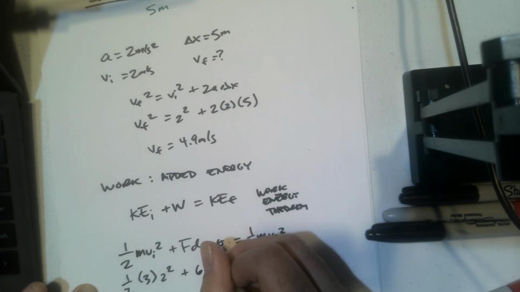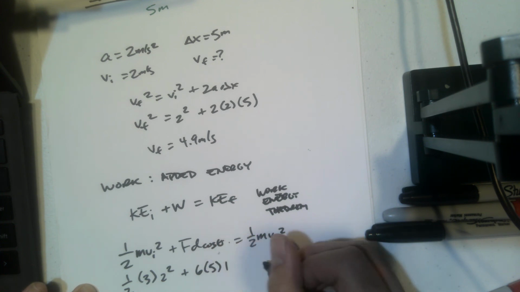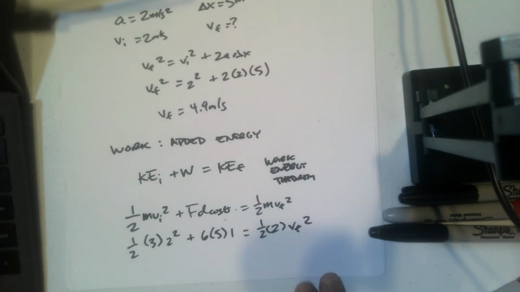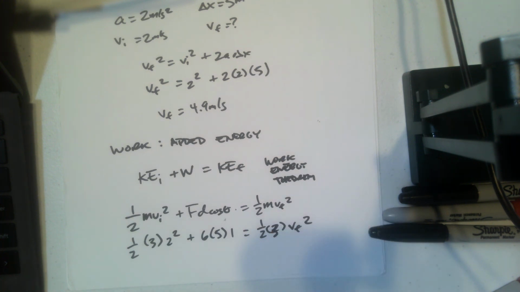Our force is 6, our distance is 5, and cosine theta ends up being 1, right? And then we have 1/2 times 3 times vf squared.